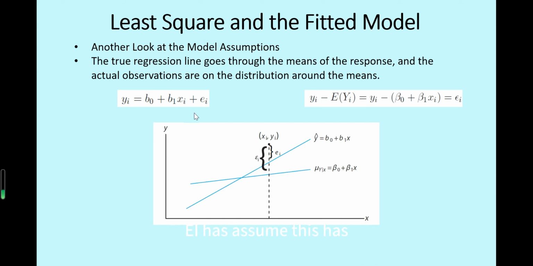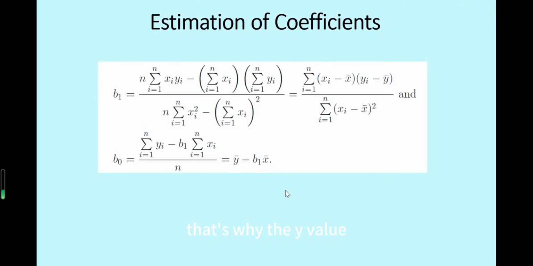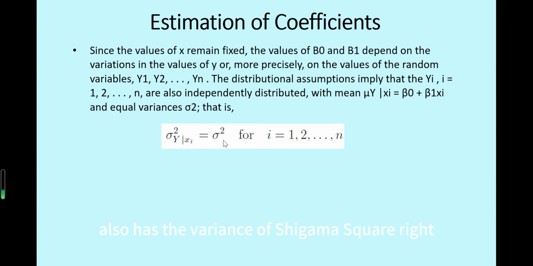We assume the e_i are independent, identically distributed random variables, and the variance is fixed for different values of x. So this error term has a variance sigma square. That's why the y value also has the variance of sigma square, right?